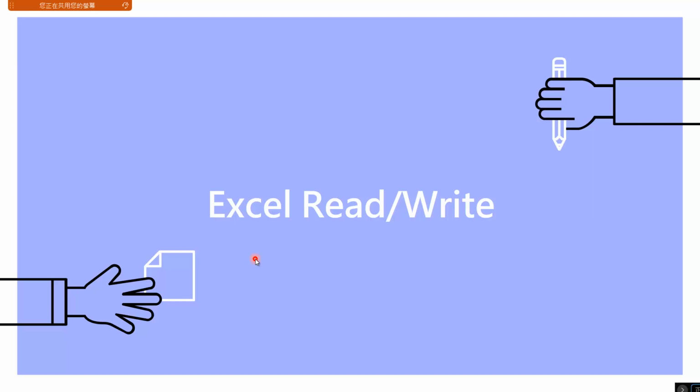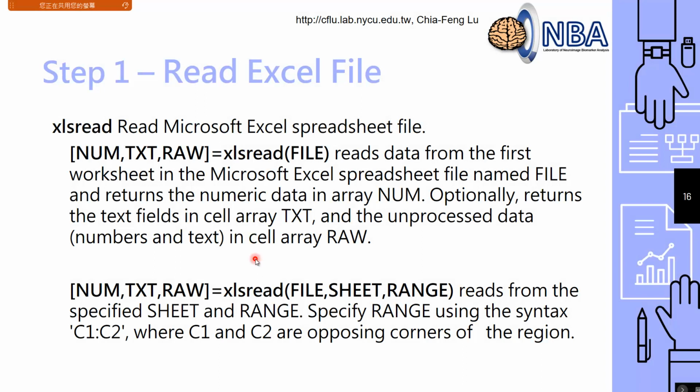Or sometimes you may see a CSV file. I think it's pretty similar. So step number one, you can look up what xlsread is. XLS basically is the extension of the Excel file, right? You can see xlsread is the MATLAB function that can help you read the data from an Excel file.